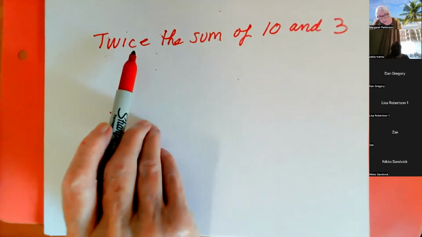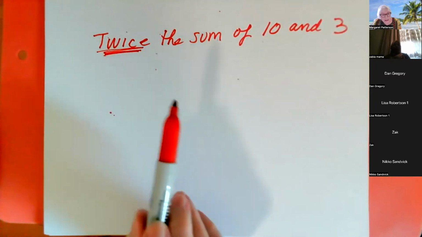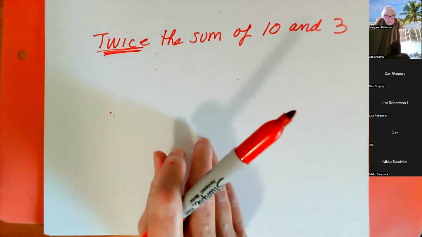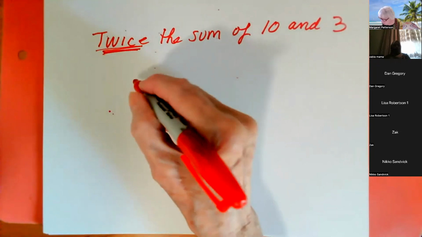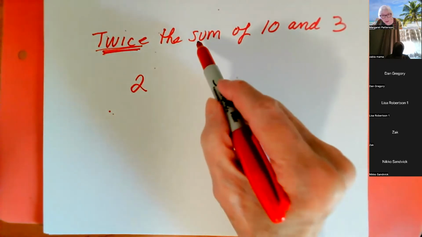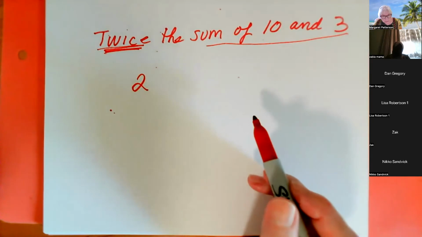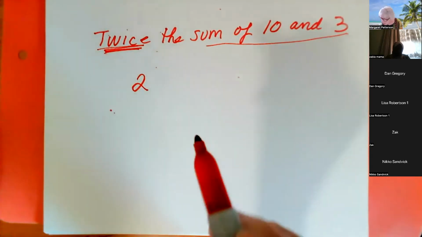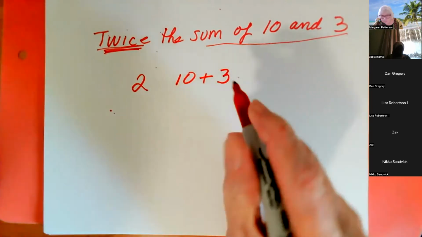The trick with these is the very first thing that's mentioned has to be taken into account. This is twice, which is 2 times something. 2 times what? Well, that's what it's about. The sum of 10 and 3. Now that's 10 plus 3.